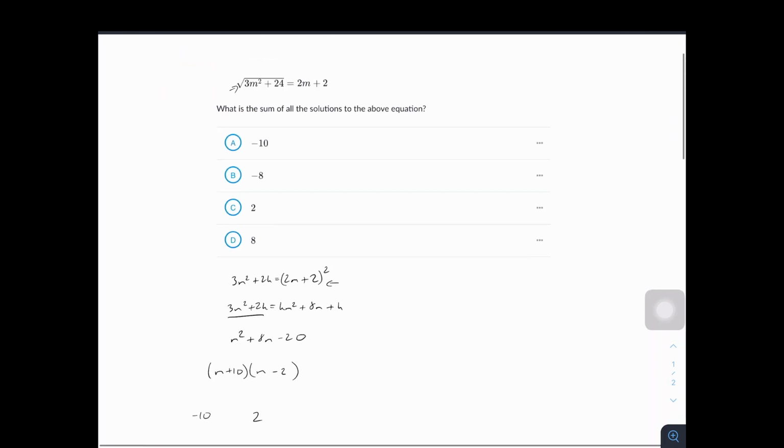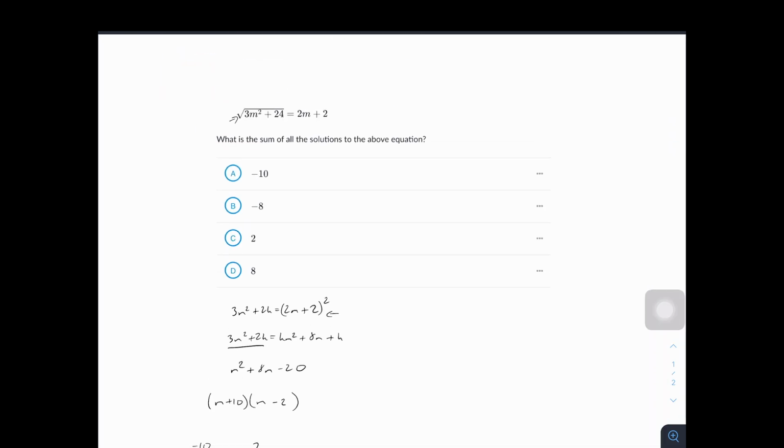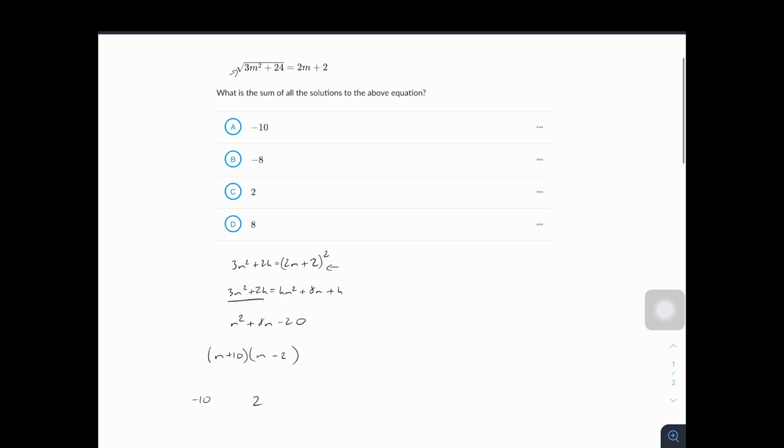But since we have a square root right here, we need to check if both these solutions are valid, because the resulting number from a square root can't be negative. So we need to check if we plug in negative 10 or 2, that both sides are positive. Well, this side will always be positive, but we need to check if this side will be positive.